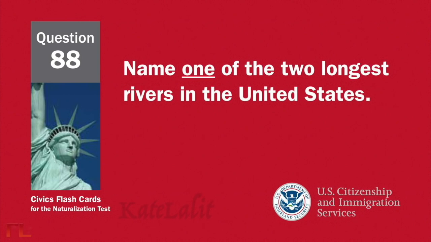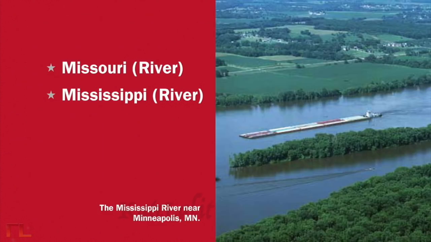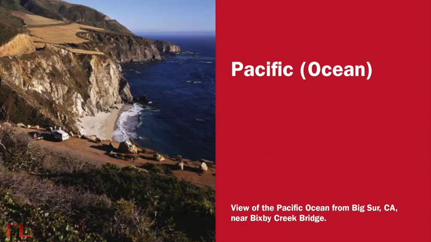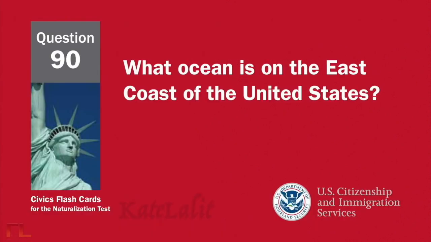Name one of the two longest rivers in the United States. Missouri River, Mississippi River. What ocean is on the west coast of the United States? Pacific Ocean. What ocean is on the east coast of the United States?